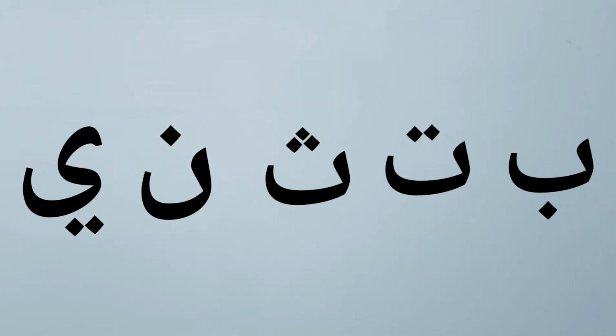What does that mean exactly? That means these 5 letters, when they appear at the beginning of a word, they look exactly the same. The only difference is going to be the dots. That's the only thing that makes them different. But they are going to appear exactly the same when they come in the beginning of a word, and the same when they appear in the middle of a word.